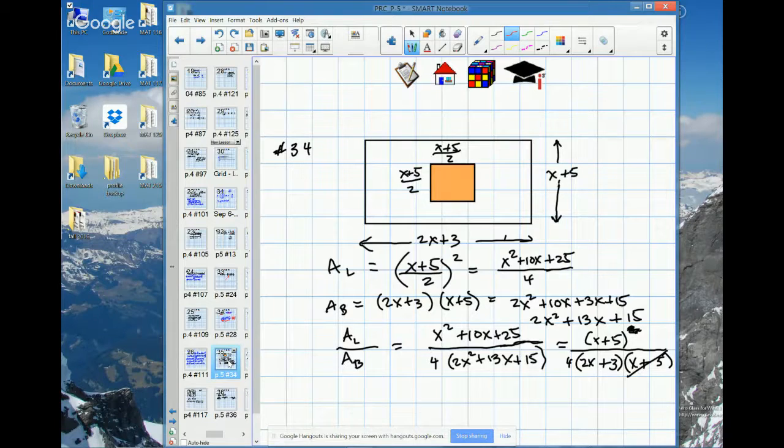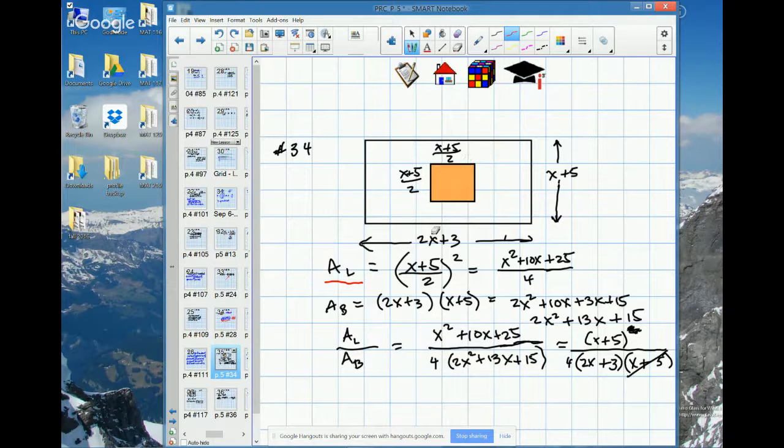So what's the area of that goldish colored thing in ratio to the area of the bigger rectangle? First I've got to find the areas. My notation there is the area of the large, AL, right here. What's the area of the large? Well, length times, I'm sorry, that's little. I apologize. Area of the little.